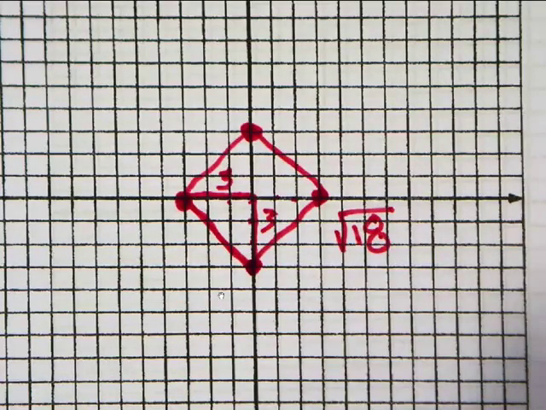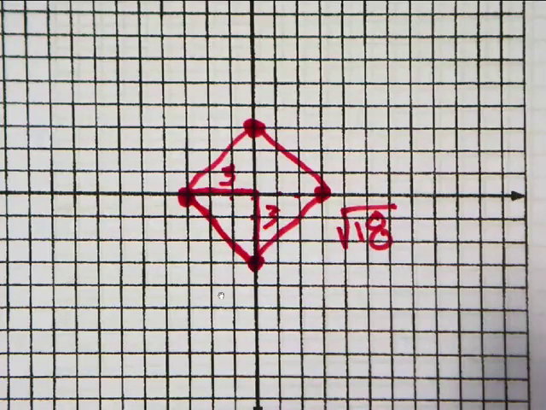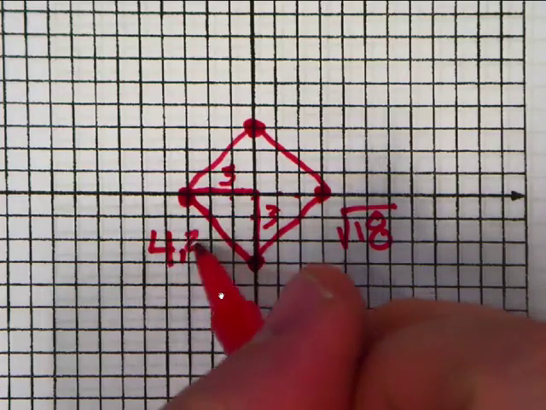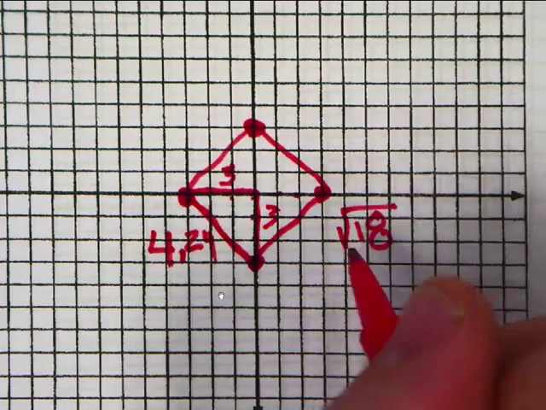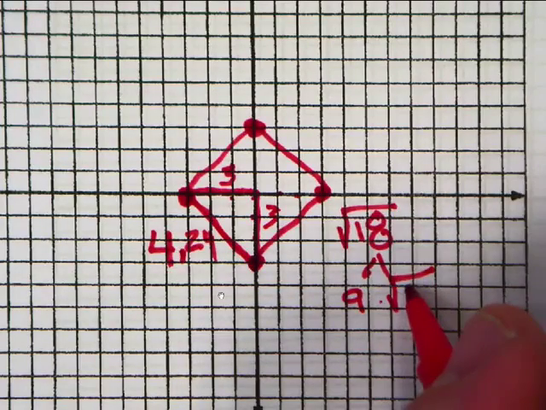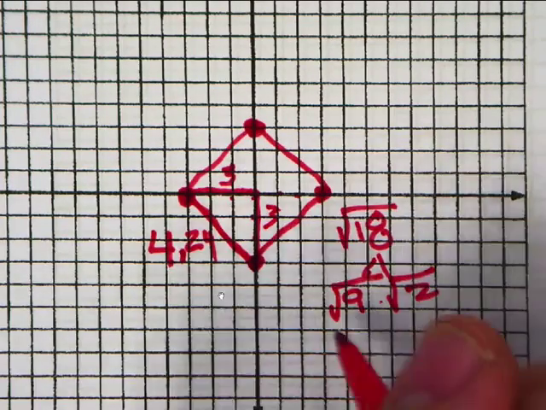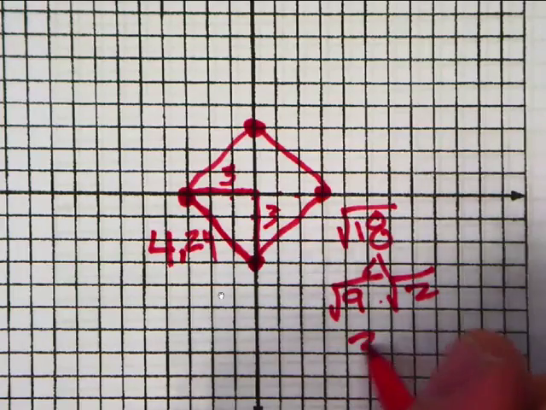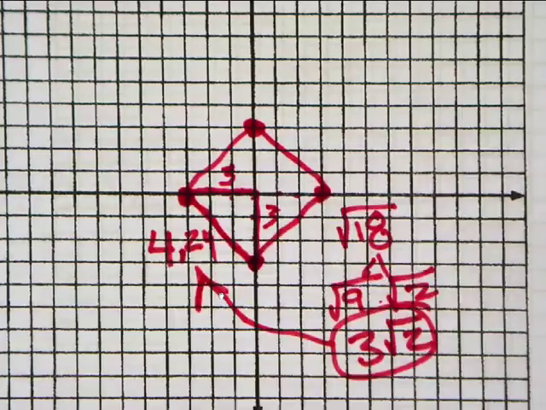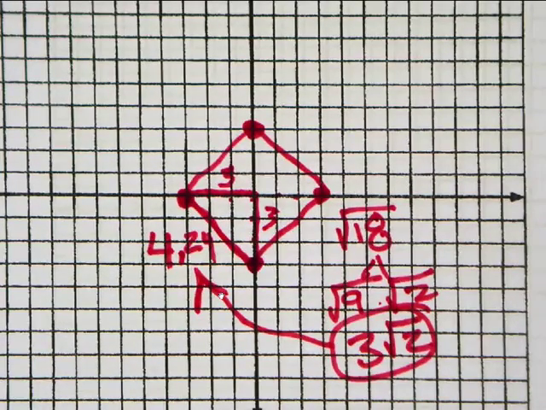We can do it one of two ways. We can use a calculator, and the square root of 18 is a very long decimal, but we'll round it to 4.24. Or we can be exact and factor it: the square root of 9 times the square root of 2, which is 3 square root of 2. They're the same, so it doesn't matter how you write it.